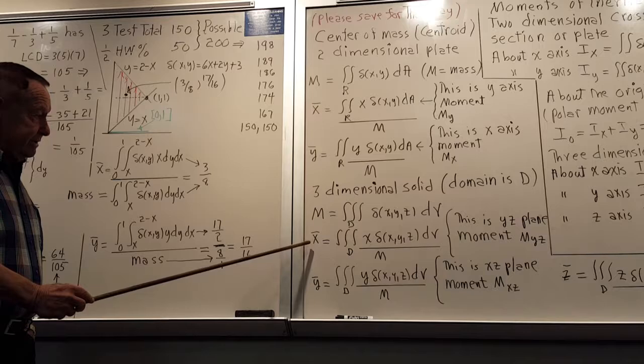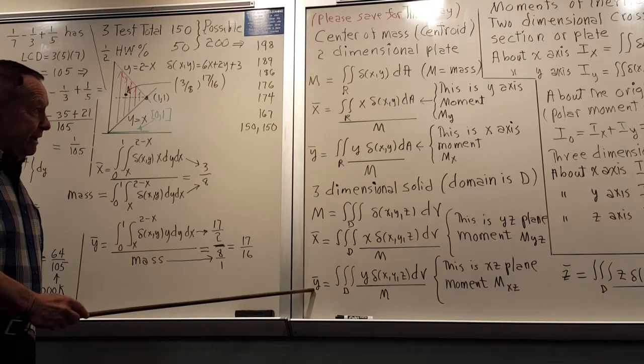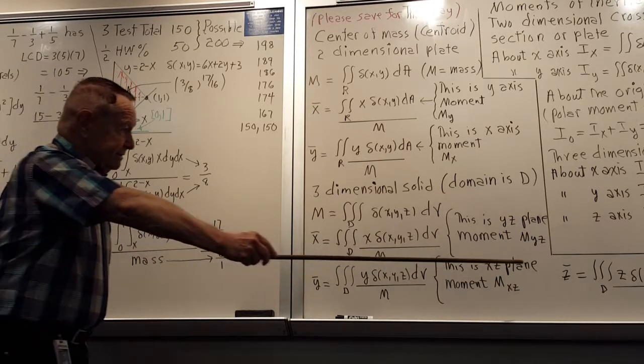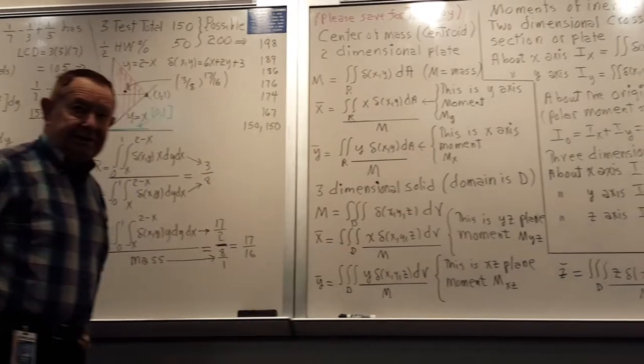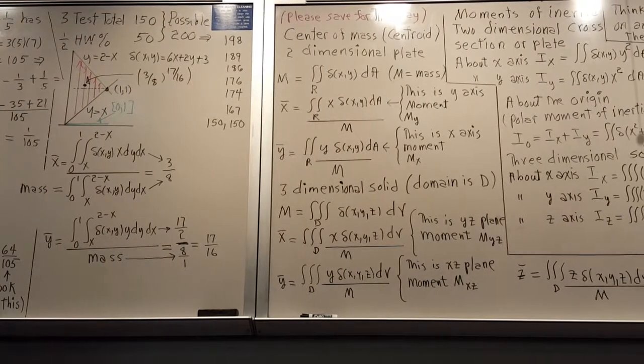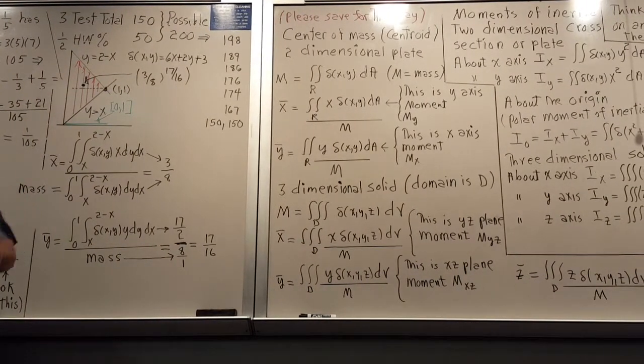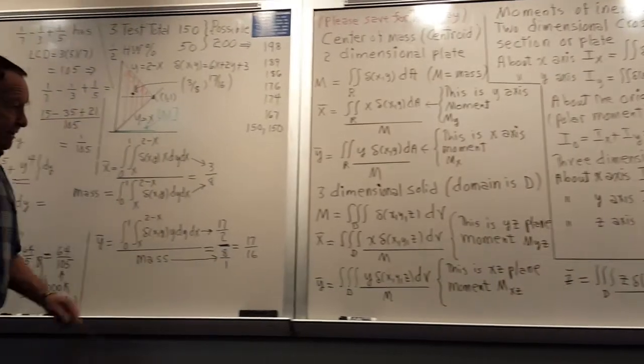And in the same way, the x bar, y bar, and z bar, because you have three variables, so you'd have three coordinates for your balance point.